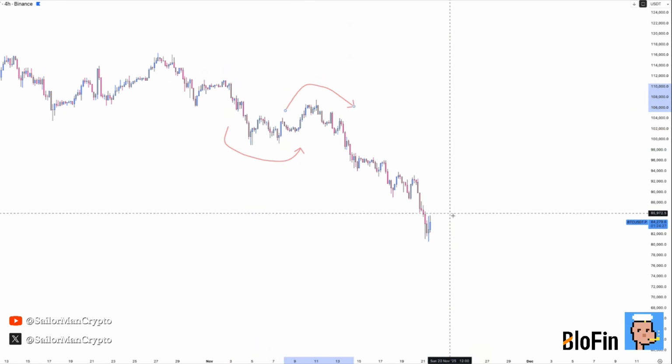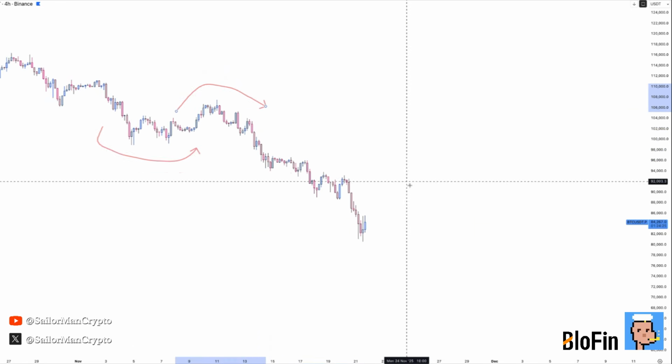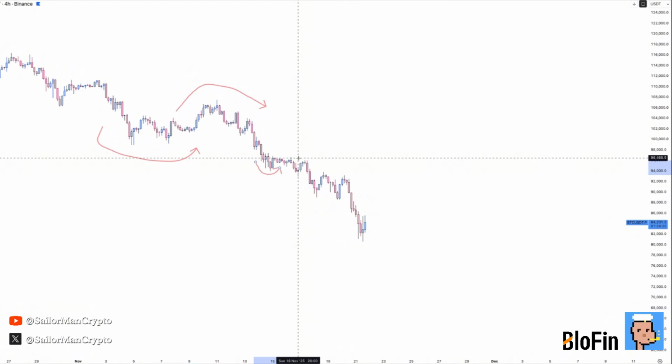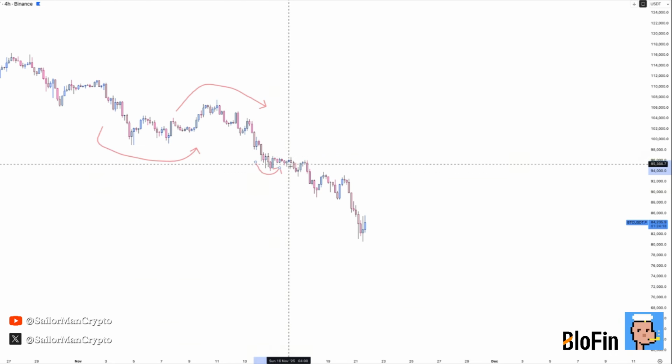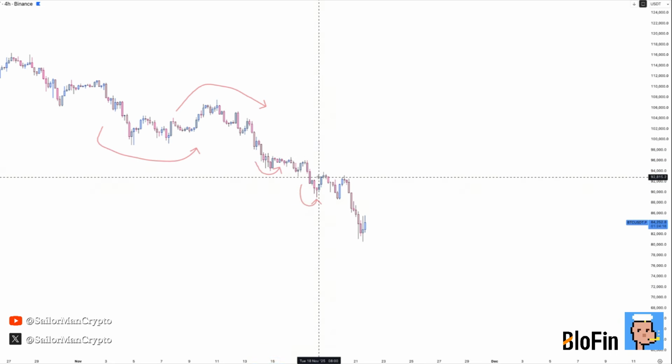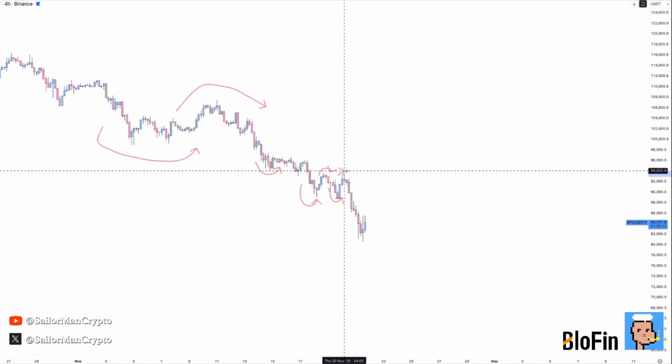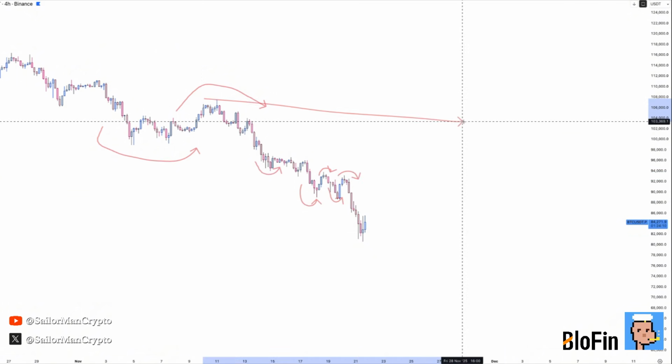I don't see any sort of structure here on the 4 hour. People can argue that this is a structure. To me, no, because you see the lows are lower than the highs. Probably this is some sort of structure. Okay, subjective way of seeing. I don't see it as relevant. This is the last 4 hour.